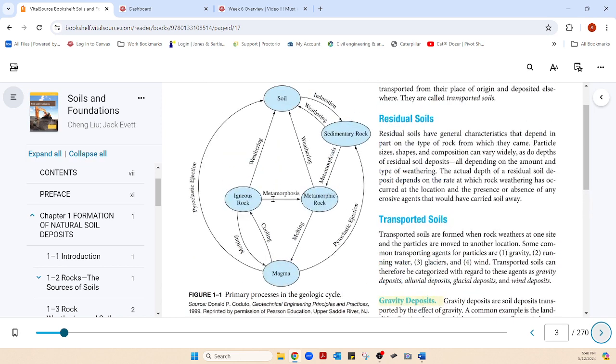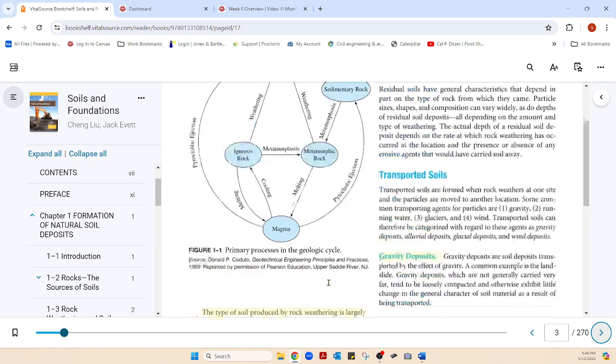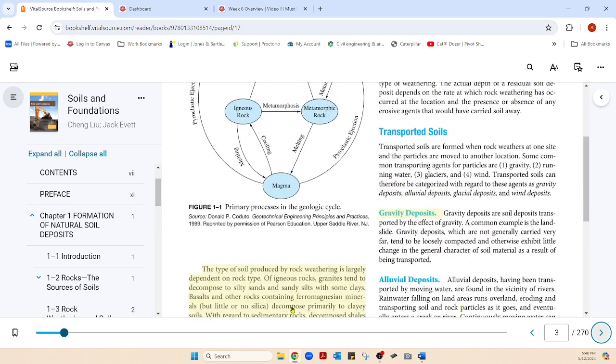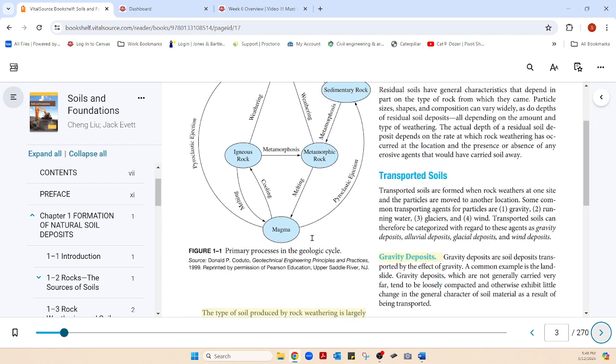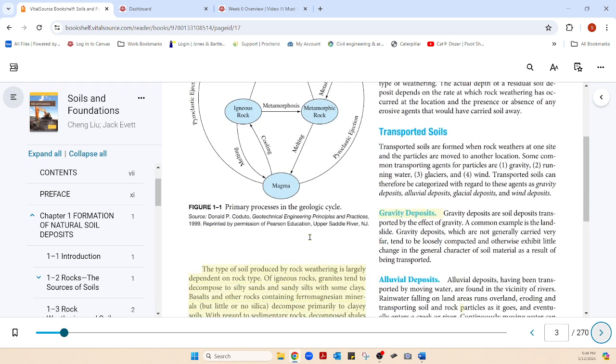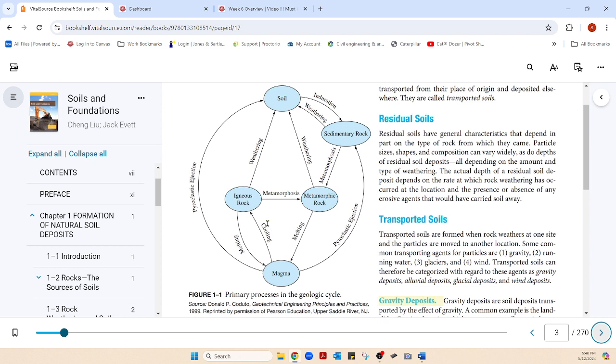Right here. They call it the process, the geotechnical engineering principles and practices. This is reprinted, but it talks a little bit about, and I think we'll get to a little more detail, but it's illustrating the igneous going to the metamorphic. We touched on that and about how that happens.